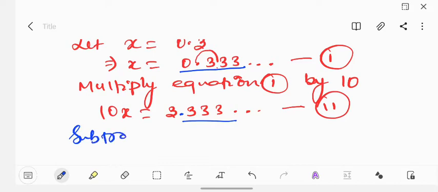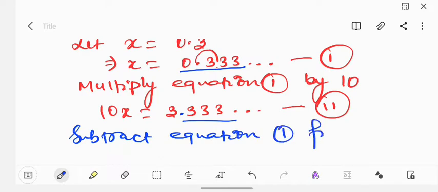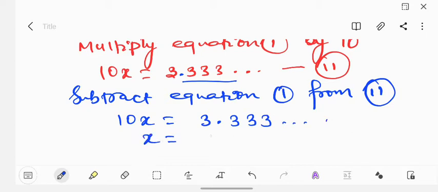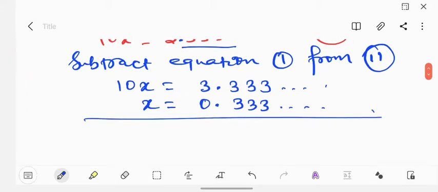So we subtract equation 1 from 2. The result will be 10x equals 3.333 and then x equals 0.333, and then we subtract.